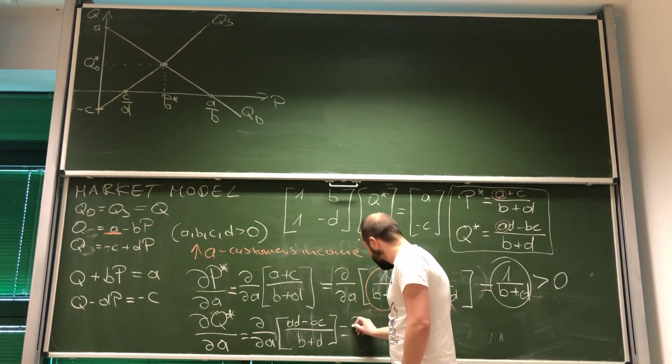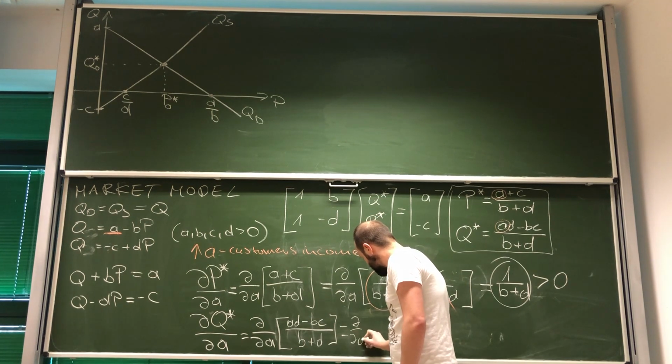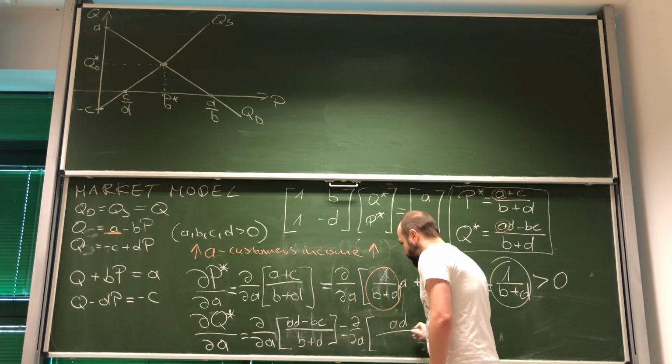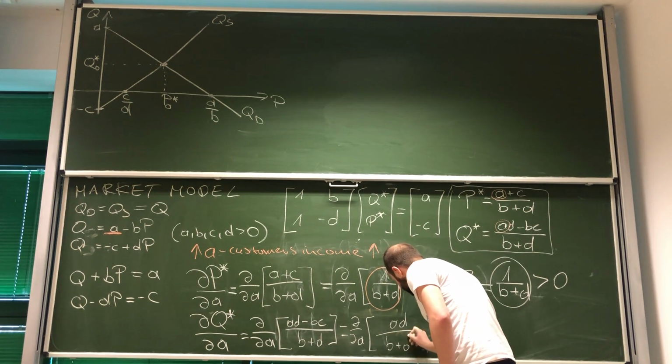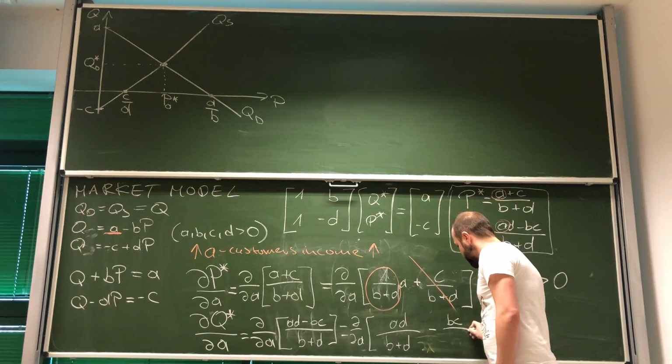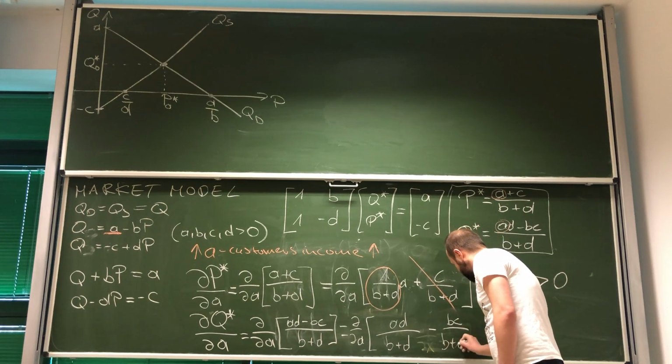I can divide this expression into part AD over B plus D minus BC over B plus D.